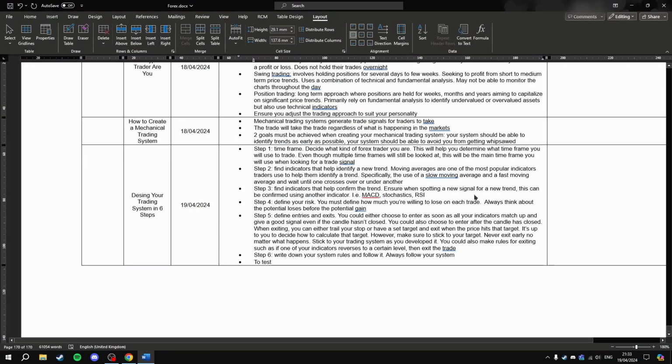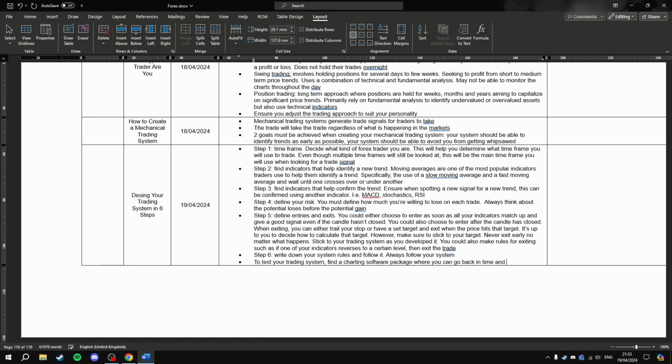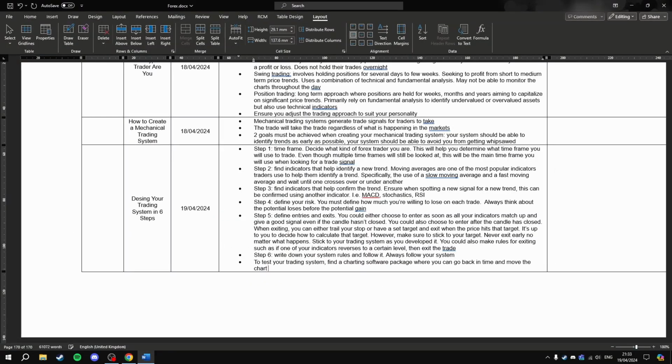To test your trading system, find a charting software package where you can go back in time and move the charts forward one candle at a time.